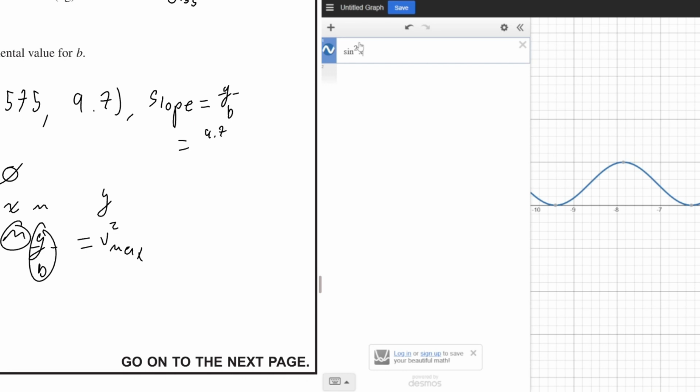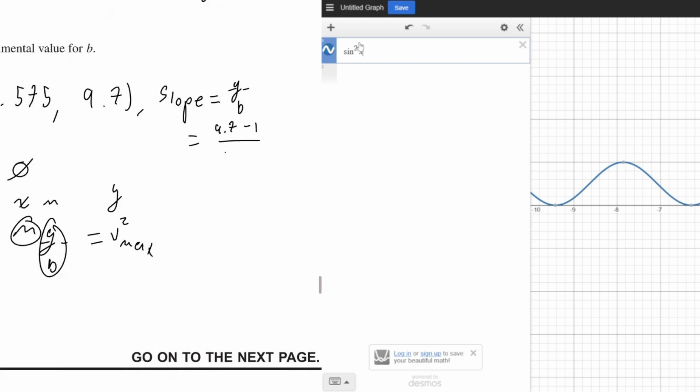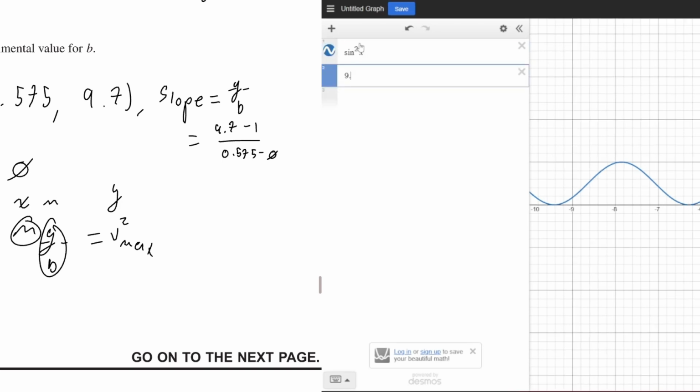Which is also equal to, now we're going to start doing my change. So change in y over change in x, 9.7 minus 1 over 0.575 minus 0. I'm going to use a calculator for this. 9.7 minus 1 divided by 0.575. Cool. Which is roughly equal to 15.13.